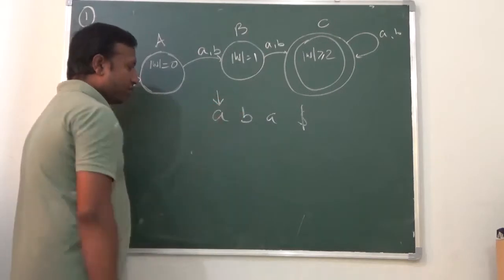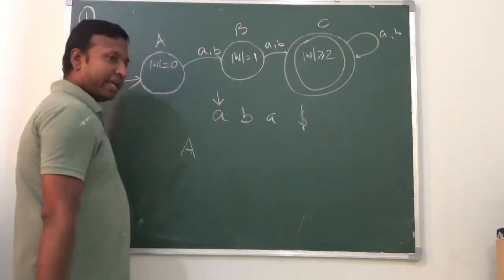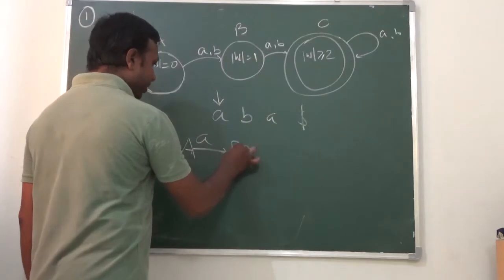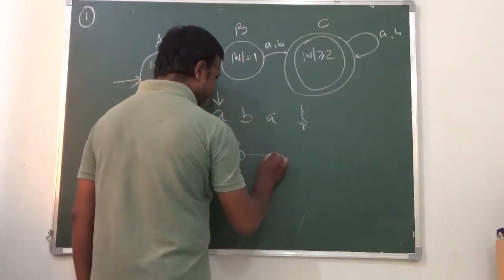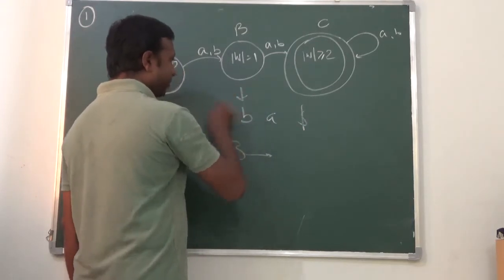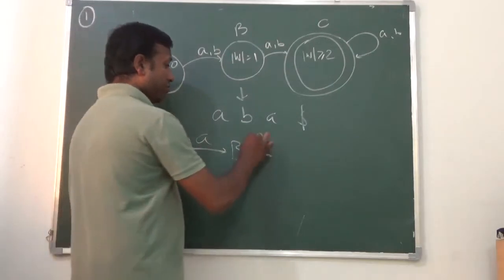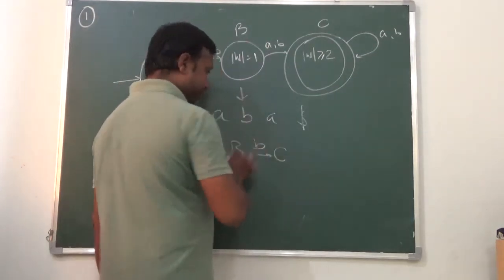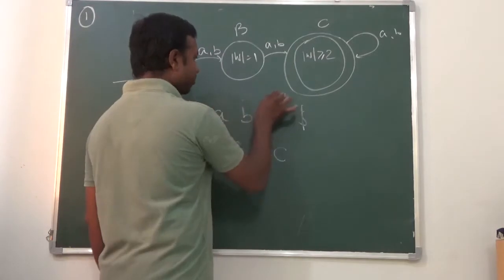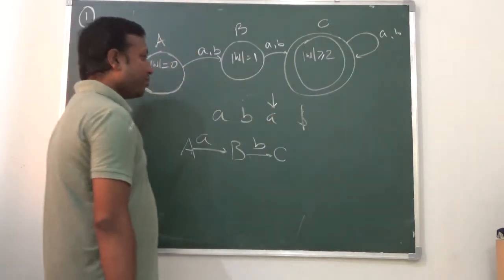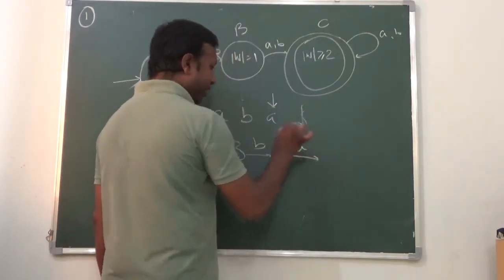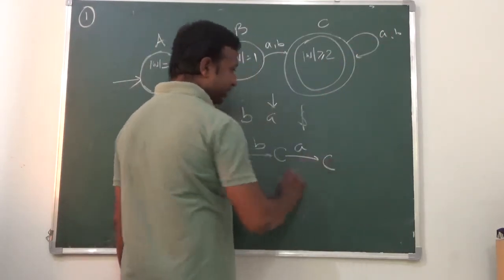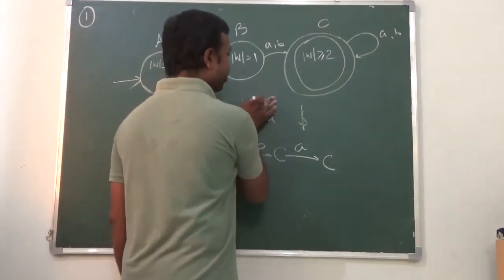The read head is on the first A and the starting state is A. From A, reading A, I go to state B. Then the read head moves to B. In state B, reading B, I go to state C. Then the read head moves to A. Reading A in state C, I stay in the C state itself, and then the head moves to the $.